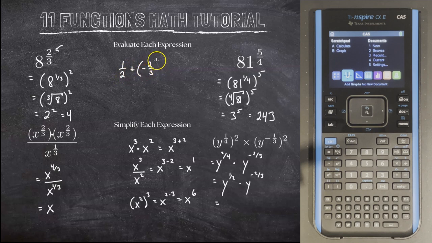Now you can use your calculator to figure out fractions, or we can just do it ourselves because we're not afraid of fractions. Okay, so for the first one, we're looking for a common denominator, which would be 6. Both 2 and 3 go into 6. So for our first fraction, we're going to multiply top and bottom by 3/3. So that gives us 3/6. Positive and negative give us a negative.